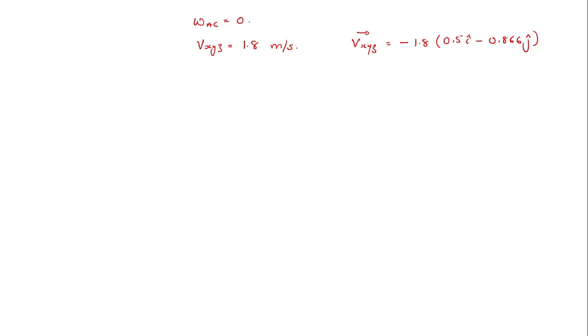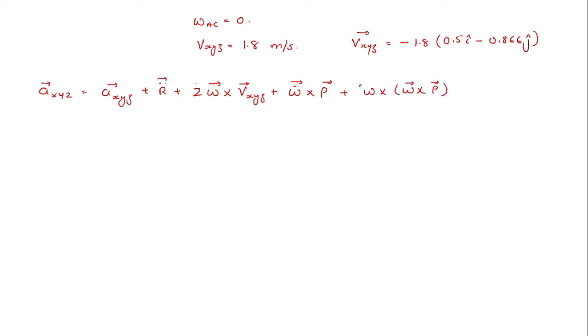The next step is to find the acceleration. So we have the equation A capital XYZ is equal to A small xyz plus R double dot vector plus 2 omega cross Vxyz plus omega dot cross rho vector plus omega cross omega cross rho vector. Okay, so this is the equation.